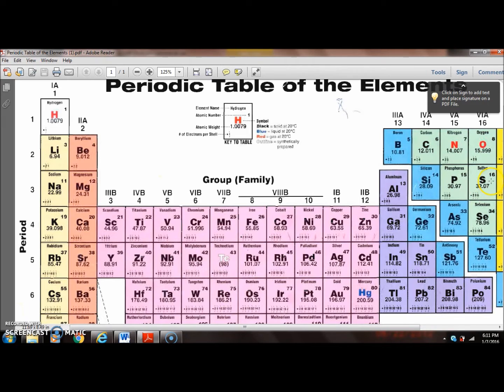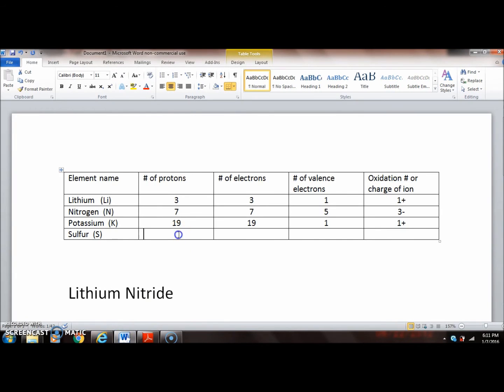It's also atomic number 16, and it has 6 valence electrons. 16 protons, 16 electrons, 6 valence electrons, which means it's going to gain 2 electrons to fill its valence shell or octet, so it's going to become a 2- charge when it does that. So its oxidation number is 2-.